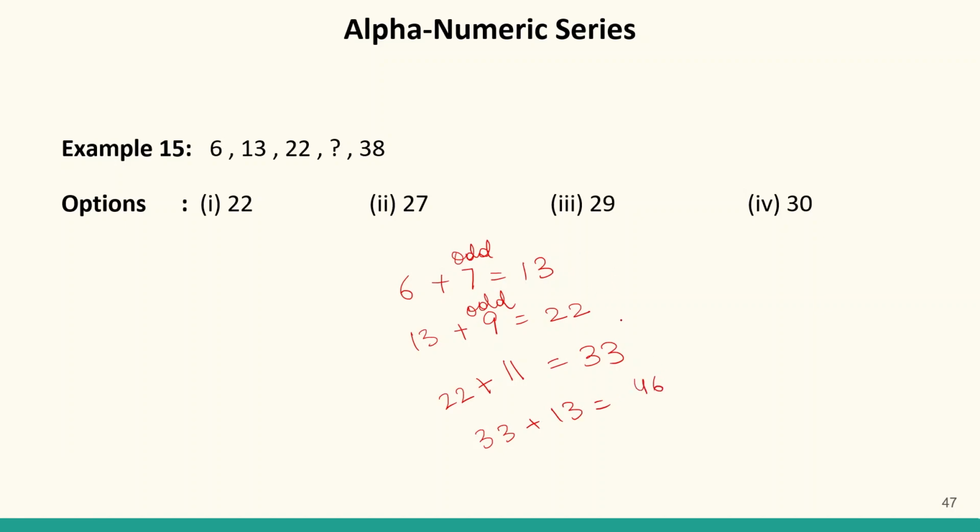But is the logic following? No. If we keep on adding alternate odd numbers, then the logic will follow for this. But will the logic follow with this number? The next number will be 38? No, it will not. So that means this logic does not hold true.